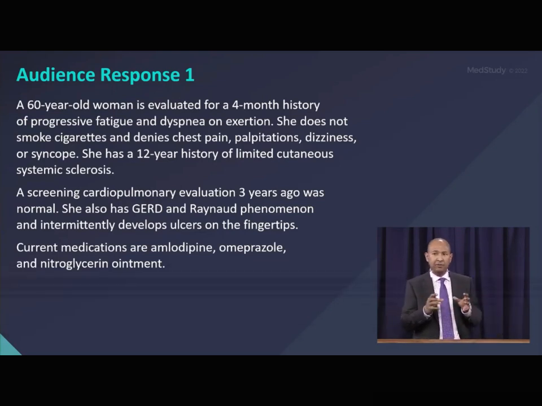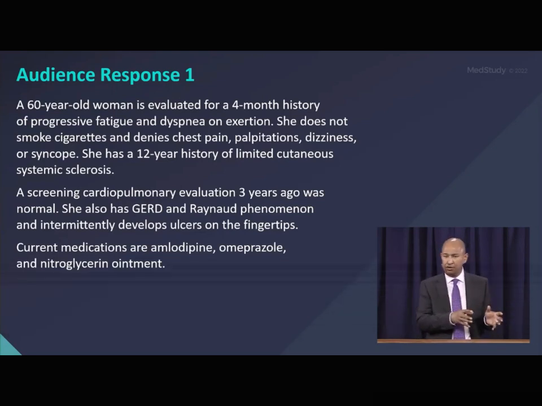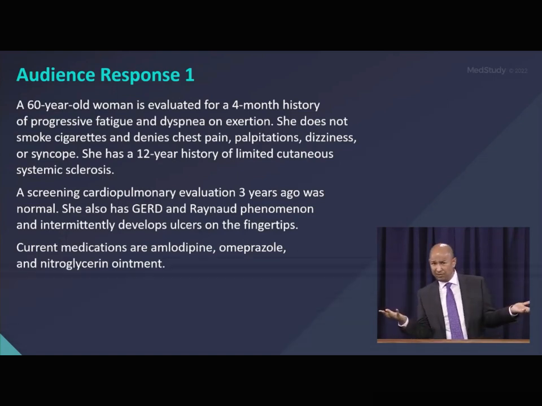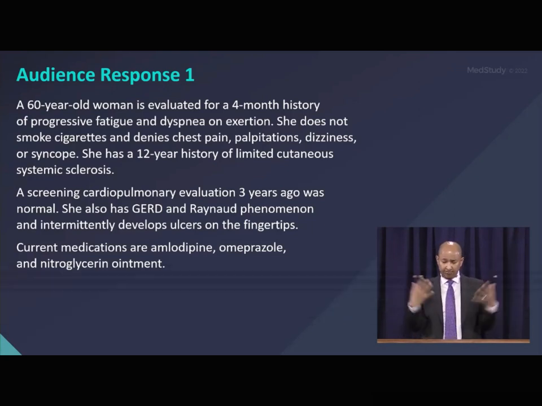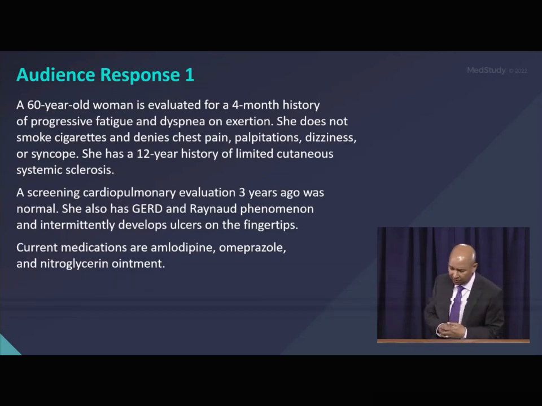So definitely when we talk about lung disease and heart disease, scleroderma is not just about having hardening of the skin. It could affect almost every organ in the body. So she had a screening cardiopulmonary exam 3 years ago. She has GERD. Anyone surprised the esophagus is involved in scleroderma? She has Raynaud's. She intermittently develops ulcers on the fingertips.